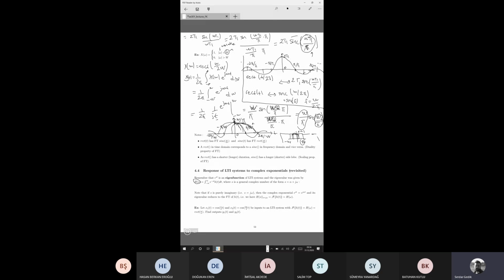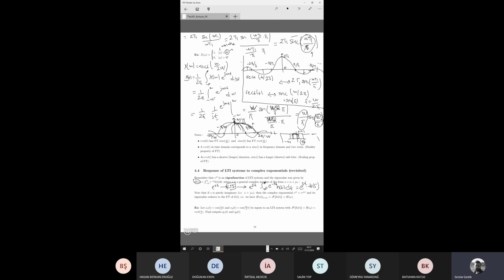So if s has a general form alpha plus j omega, then we have this relationship. You have e to the power st at the input of, let's say, an LTI system, and at the output you have e to the power st times the eigenvalue, which is the integral from minus infinity to plus infinity of e to the power minus st h of t dt, and this is actually e to the power st times H of s.